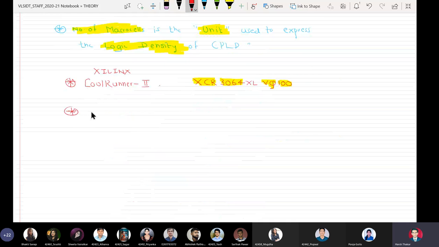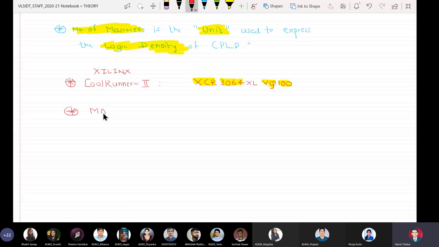And we have one from Altera. Altera is now Intel; there was a merger. Both of them are CPLDs.